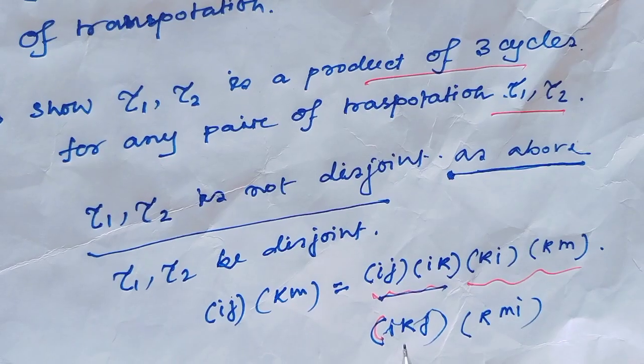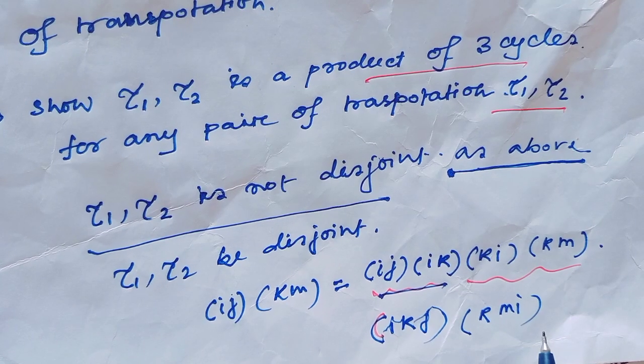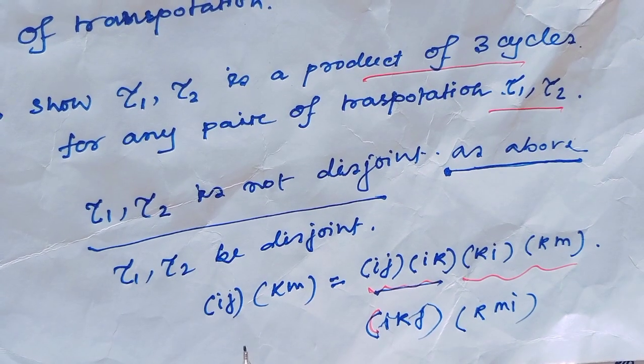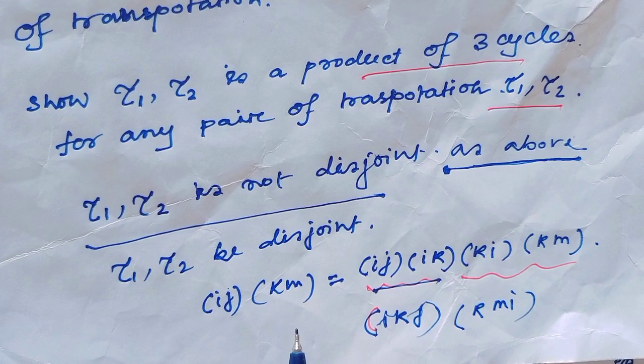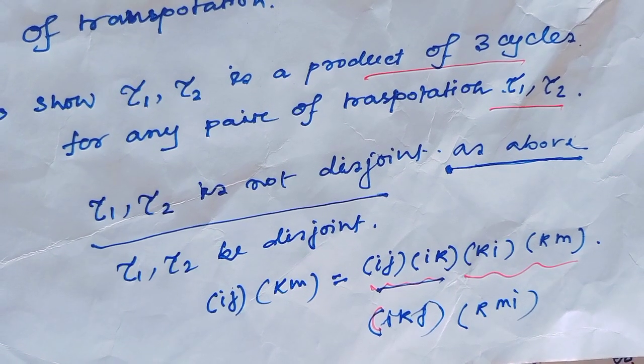Then this part would be (i k j) and this part would be (k m i). Therefore, from any two transpositions we can write this as a product of 3-cycles. So our proof is done.